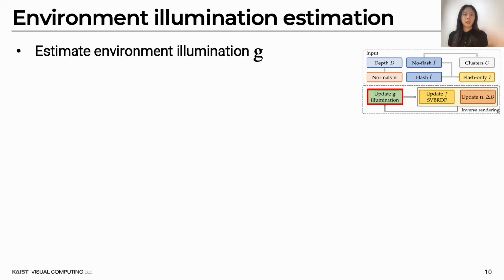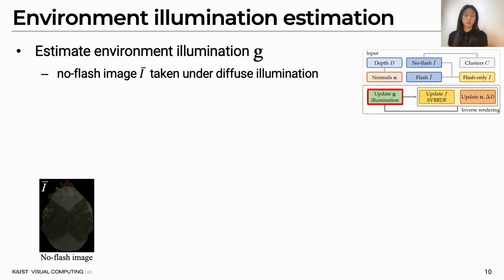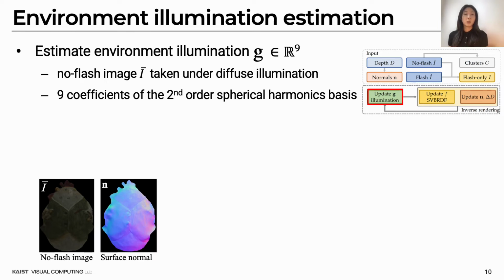Let's look at the detail of the optimization part. In step 1, we estimate environment illumination in order to obtain diffuse albedo Q from the no-flash image. By assuming the no-flash image is taken under diffuse illumination, we can parameterize the illumination G as 9 coefficients of the second-order spherical harmonics basis function.